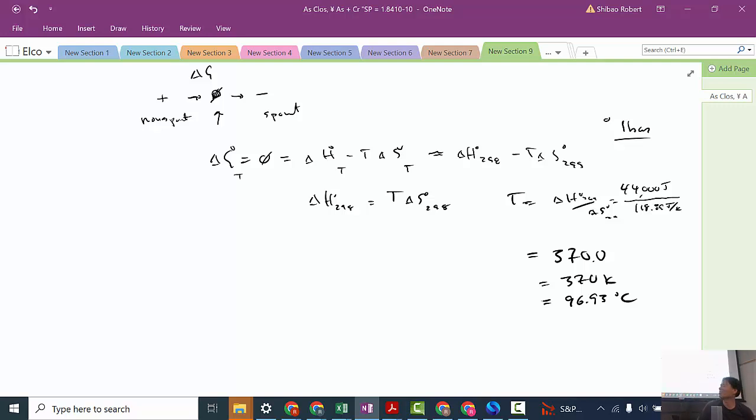Is it this much lower? Probably not this much lower. We could calculate it using, remember the Clausius-Clapeyron equation from Chem 1A? We could use the Clausius-Clapeyron equation to calculate the boiling point at different pressures. But it's probably not this low. It's probably off a little bit. But this is the boiling point of water under standard conditions, according to our thermodynamic calculation.